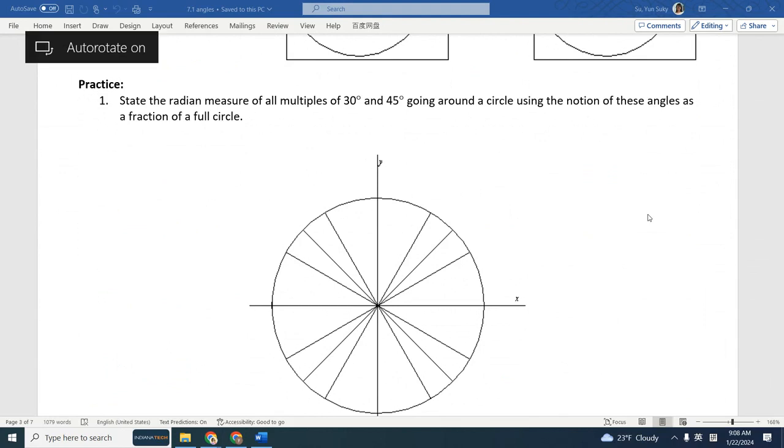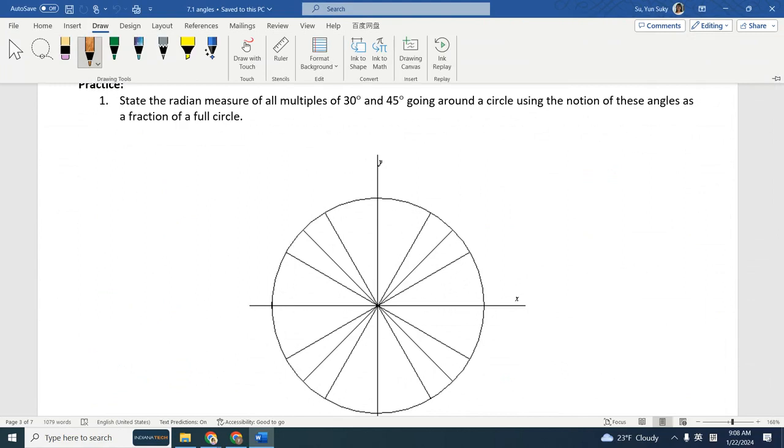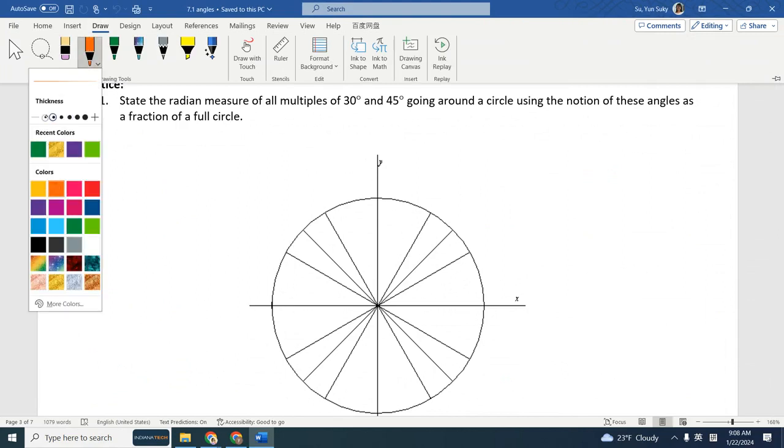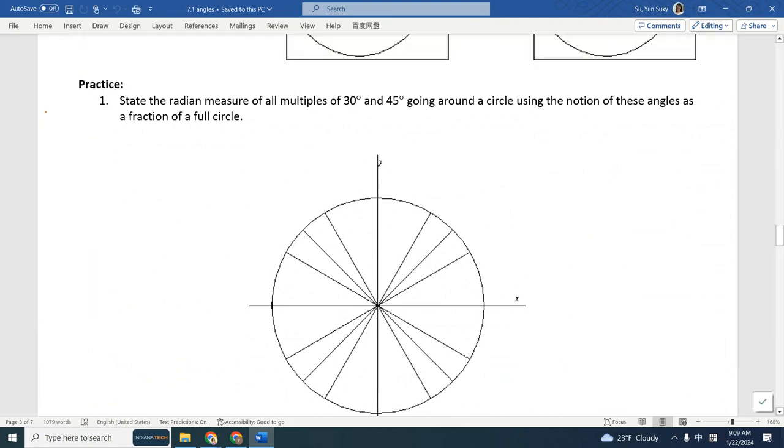So let's do that. Let's start with 30 degrees. So this is the XY plane. This is the x-axis, and this is the y-axis, right, everybody? And we have 0. The origin is the point (0, 0). Let me get, okay, orange. So this is the origin, okay?